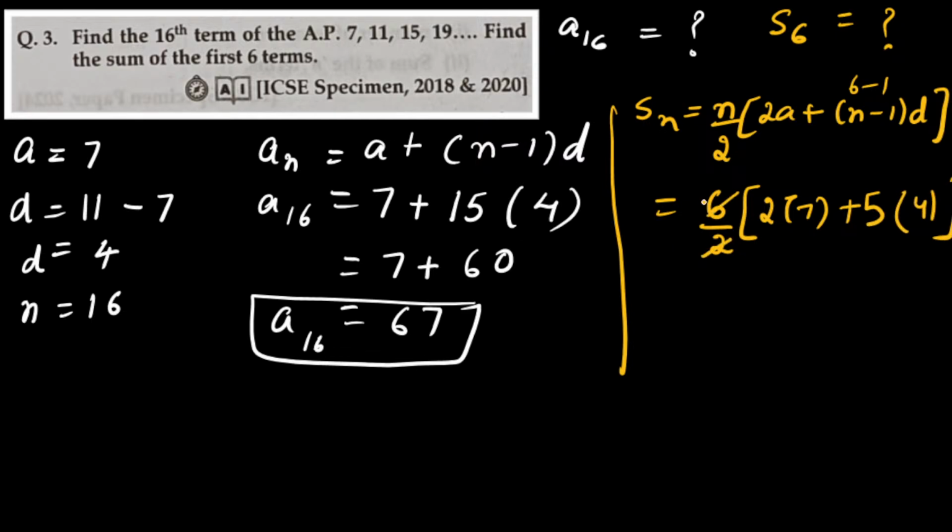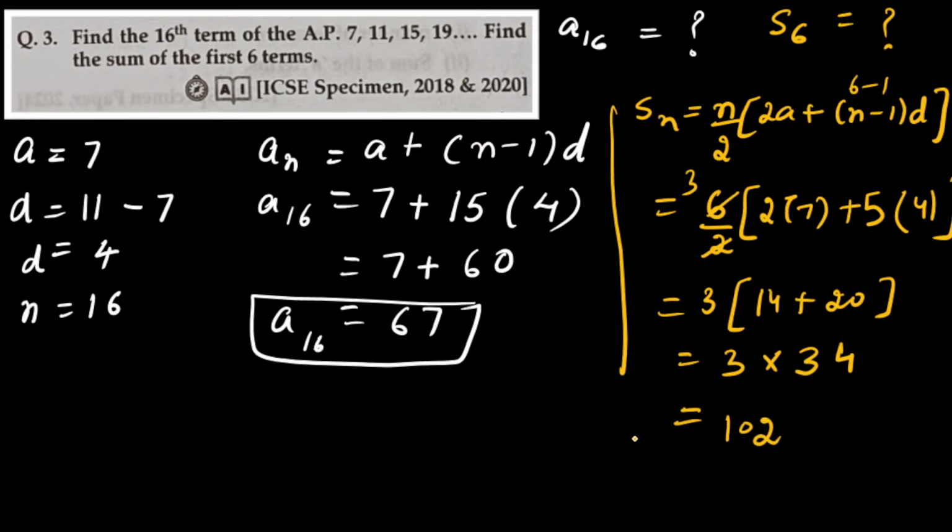So 6 by 2 here we can do cancellation. So 3 into 2 into 7 is 14, plus 5 into 4, 20. 3 into 14 plus 20, so this is 34.